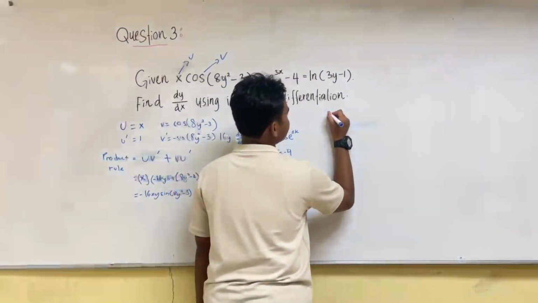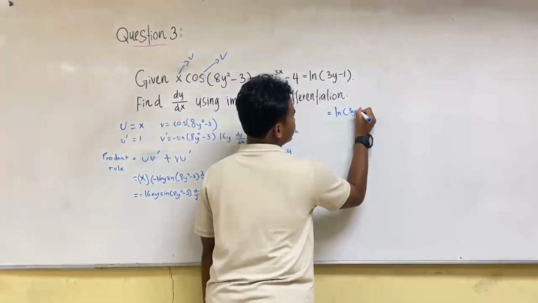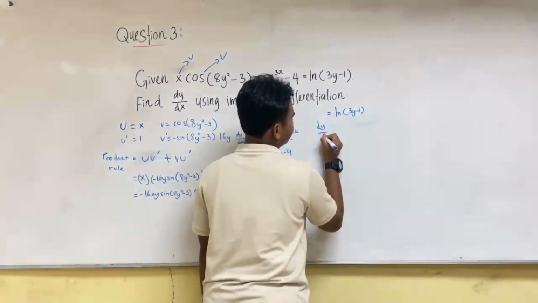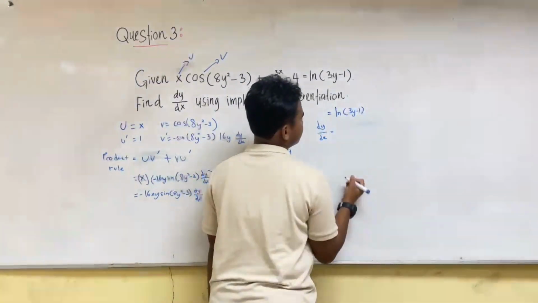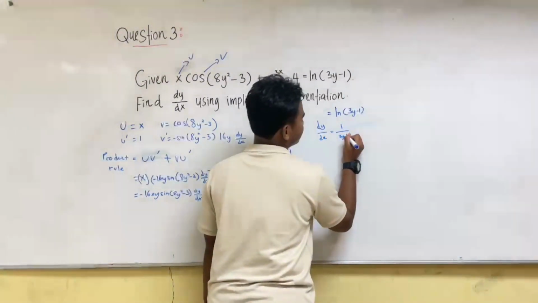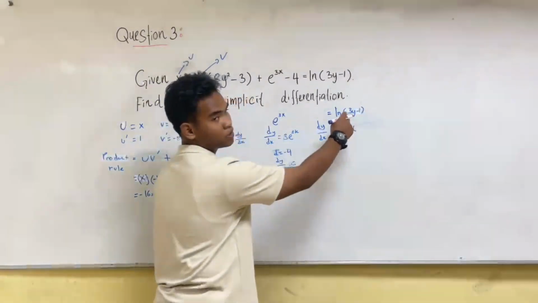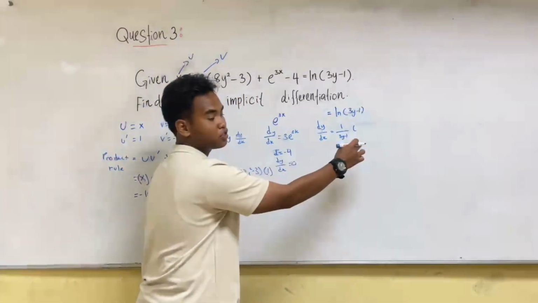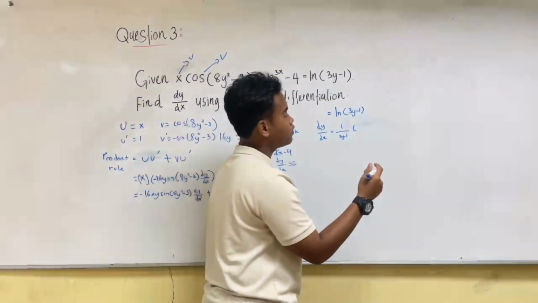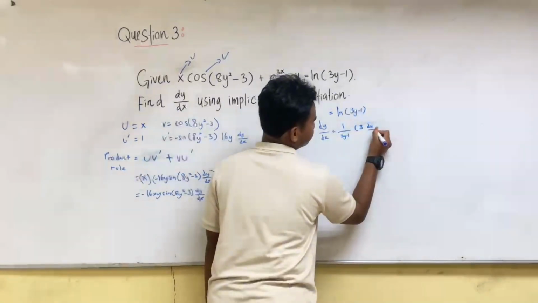So to differentiate ln(3y − 1), if we differentiate ln, we get 1 over 3y minus 1, and then we differentiate the inner function. If we differentiate the constant, it becomes 0, and if we differentiate 3y, we get 3 dy/dx.